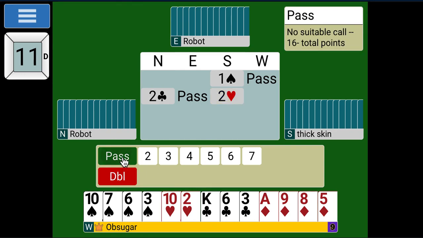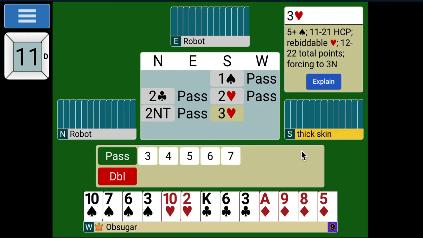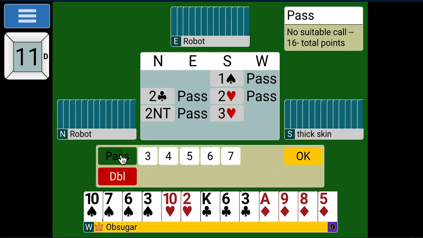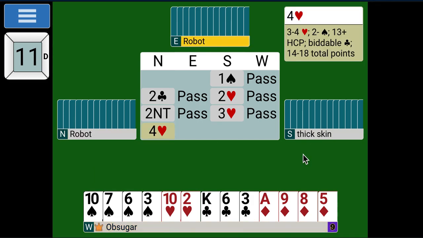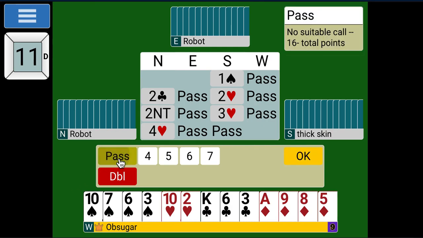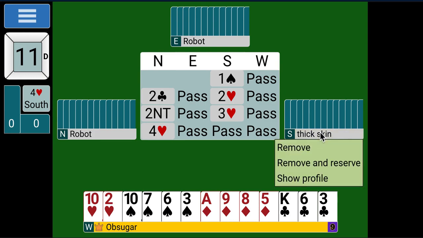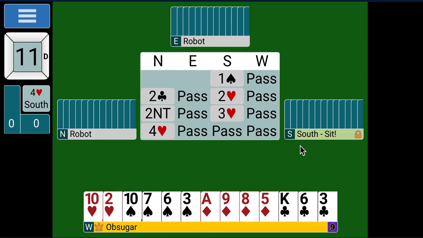Oh, I've got to pass. 2 no trump. Okay, interesting. We get 3 hearts and 4 hearts. Thank you for your help, thick skin. I'll put a robot in there so we don't need to think about it.